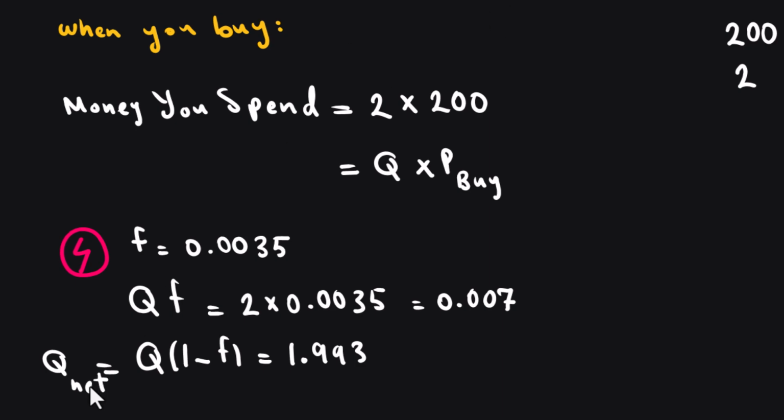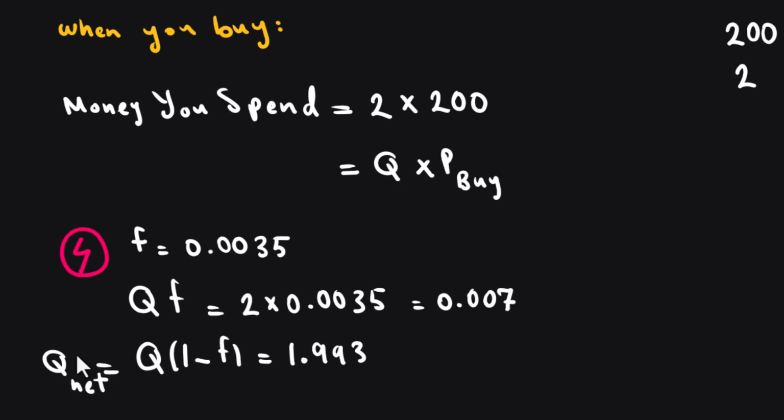This is the net quantity that you're going to have in your wallet because they take a fee out of it. But now let's suppose that you want to sell that asset. Now you have 1.993 units of that asset in your wallet. If you remember, this was Q net, the net quantity that you got when you bought that asset.